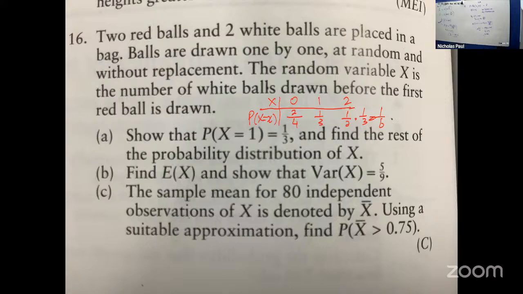So use that now and find E of X. How do you find E of X again? Multiplying and then adding them up. And then find the variance, and then find the sample of 80. Any questions online?